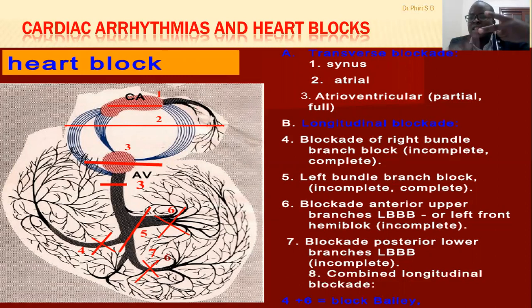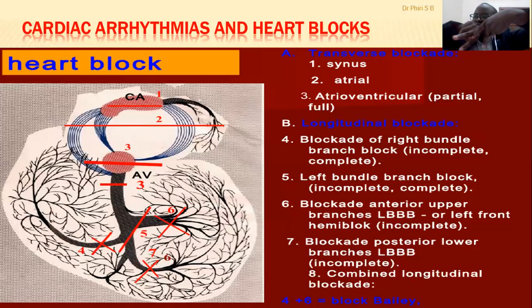So you have the left bundle branch of His and the right bundle branch of His, but the left bundle branch of His is also going to divide into 2, forming the anterior and posterior. The anterior is supplying the anterior aspect of the heart, then the posterior is supplying the posterior aspect of the heart.